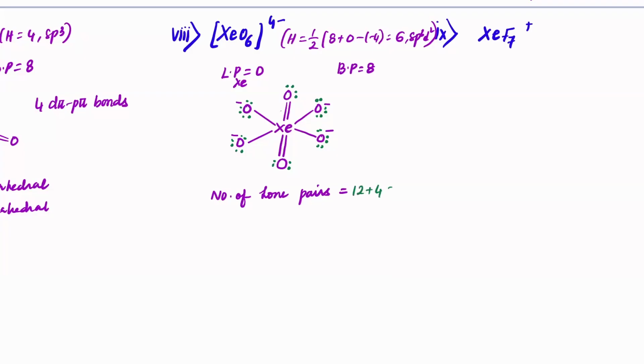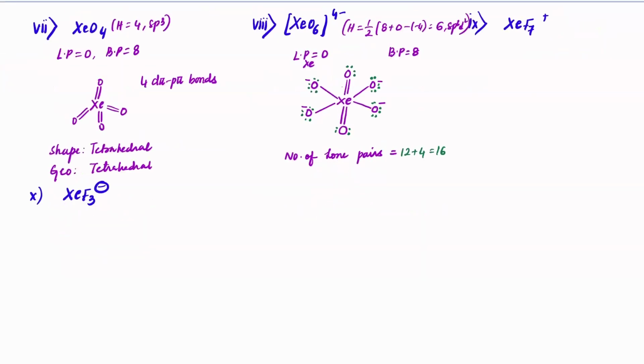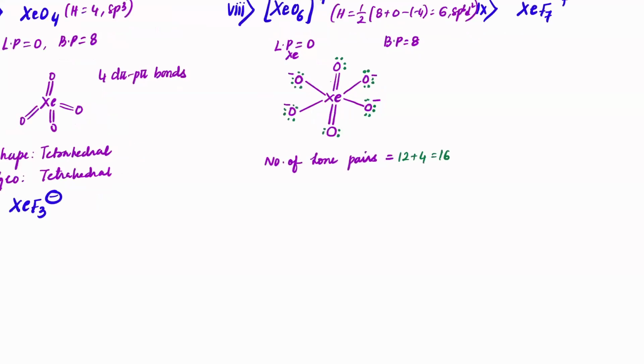So total 16 lone pairs we have. All good? Because there are no lone pairs on xenon, geometry and shape would both be the same, which is octahedral. Just an octahedral geometry.